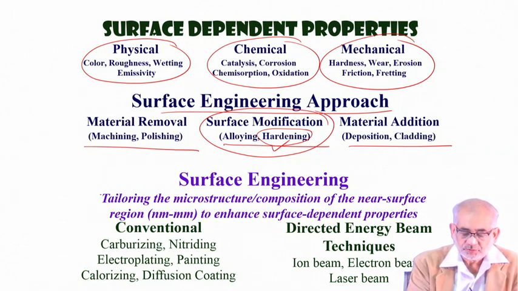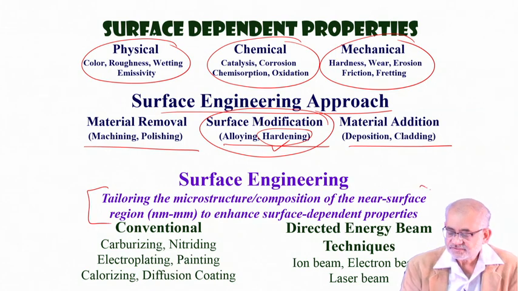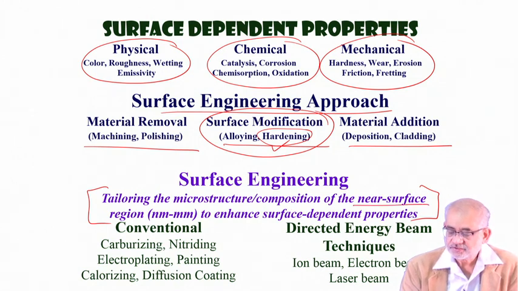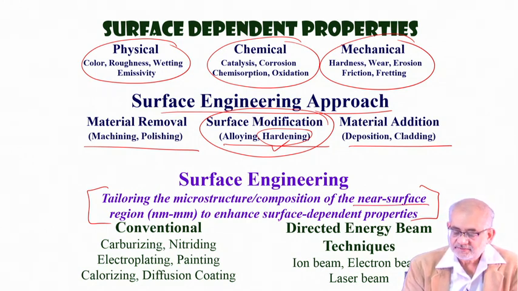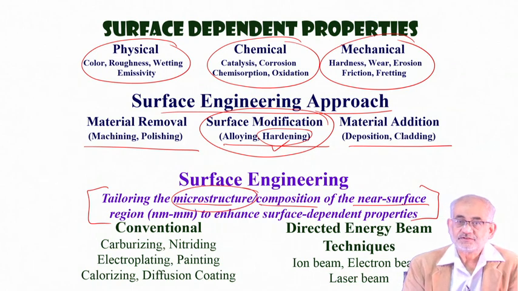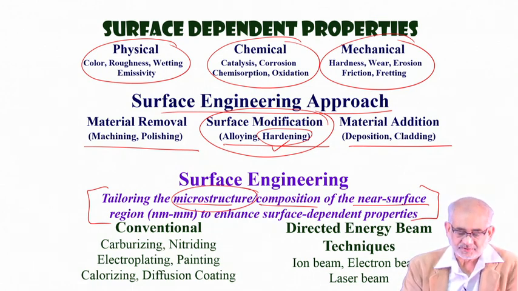So the overall scope of surface engineering, be it a nanometer or a few millimeters from the surface, we call the near surface region, and we modify the microstructure, composition, or both. In today's application using laser, we'll only change the surface microstructure, and we'll see how it can improve the surface dependent mechanical properties.